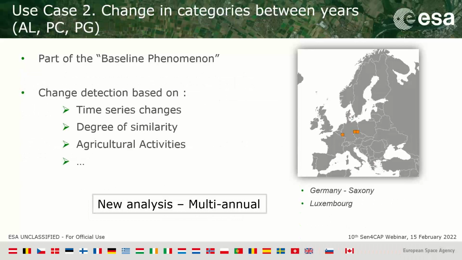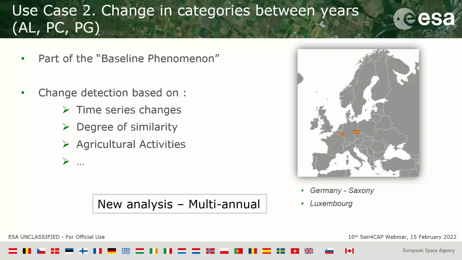The second one is about the change in category between years. It's also part of the baseline phenomenon. So here we will look at the arable land, permanent crop, and permanent grassland, and this land cover that change between years.